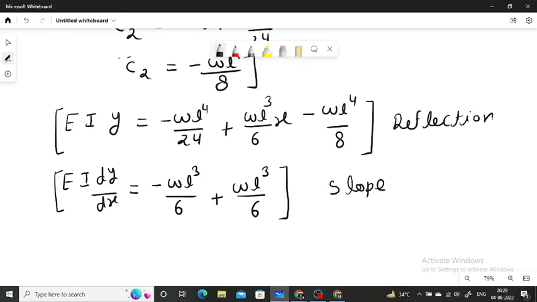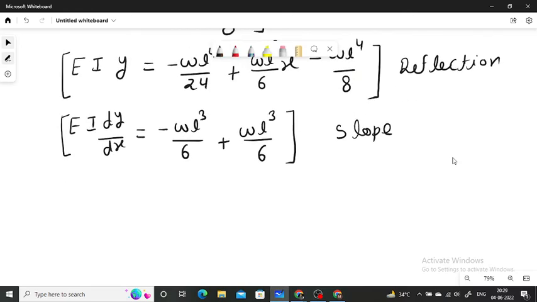Now applying the end condition, determining the slope and deflection at its free end. At its free end, at the point A, x is equal to 0. Then from the deflection equation, the deflection will be equal to minus WL to the power 4 upon 8 EI.